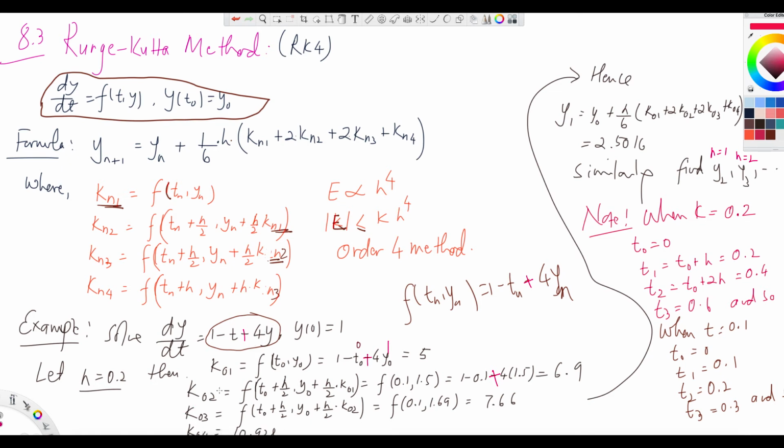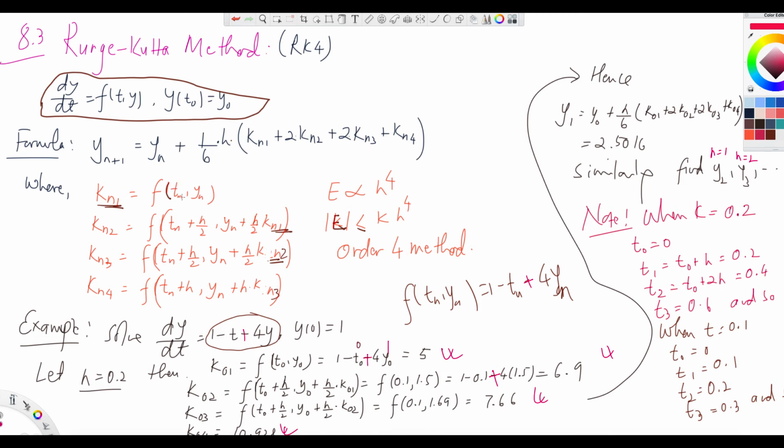So you find out k02, k03, k04, just plugging into that formula, you will get those values. And then to find out y1, just use that formula, replace n by 0, right? So you plug in those values, k01, k02, k03, and k04, from here. You see that? And then your y1 is that. To find out y2, just take n equals 1.